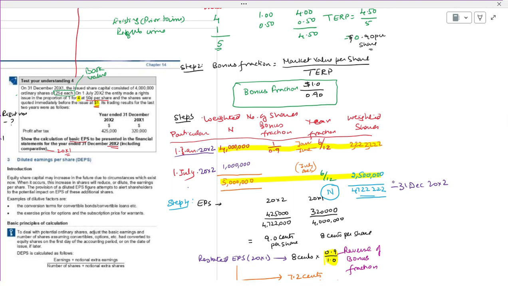Is it clear now? Yes, Doctor, clear. Yes, Hussein, Sumaya. Yes, doctor. Hussein, where are you, dear?